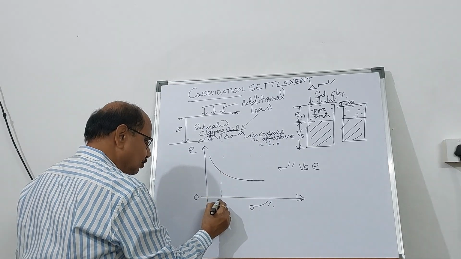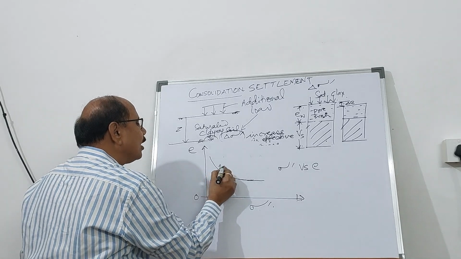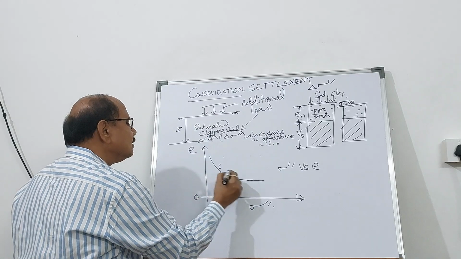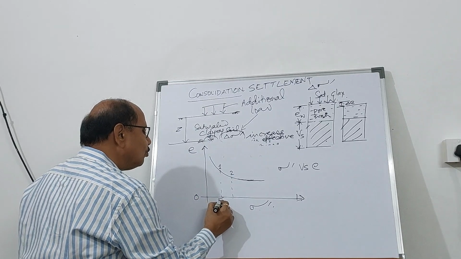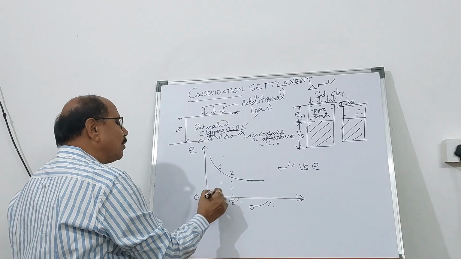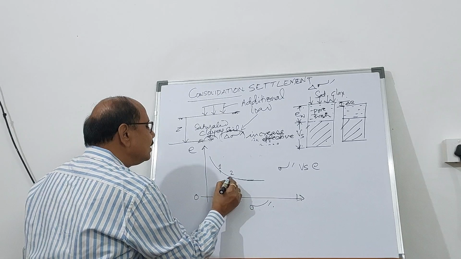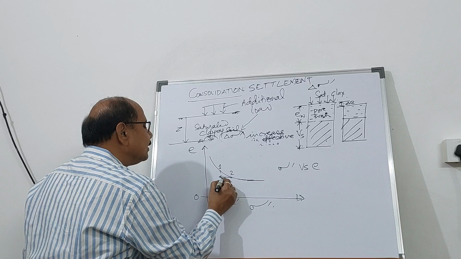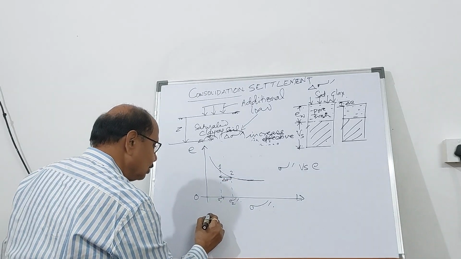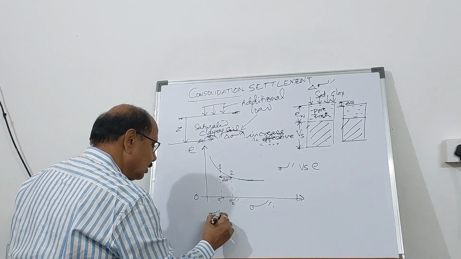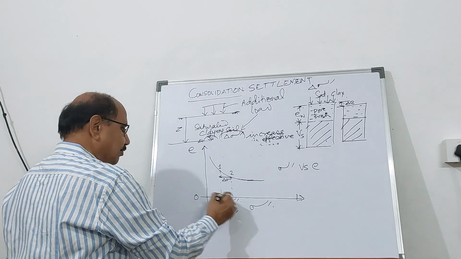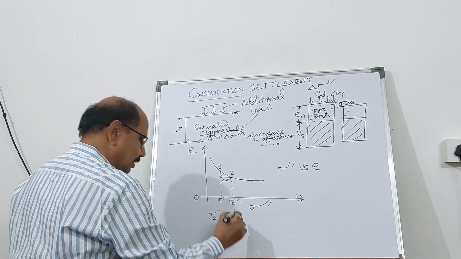If this is point 1 and this is point 2, then here it is sigma 1 prime and sigma 2 prime. So sigma 2 prime minus sigma 1 prime, that is the difference in the effective stress, is going to be delta sigma prime.